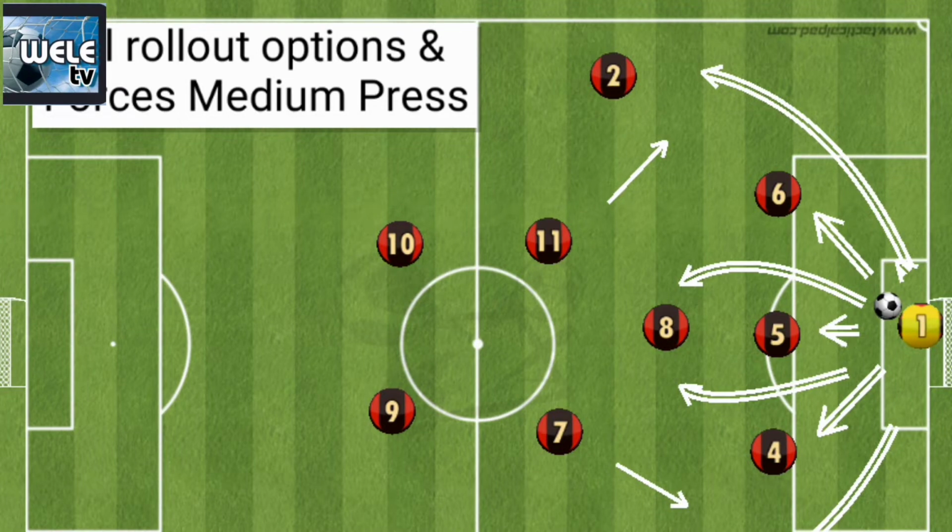Moving on, in terms of attack, what are some of the things that it offers you? A back 3 gives you more options for a rollout. Now, when a team is playing a 4-4-2, usually the rollout will most likely start from either of the 2 that are playing in the wide areas, or sometimes a 6. But in this case, it will give you an option of starting with any of the 3, any of the 2 that are sitting in front of them, or even the one sitting in front of them.